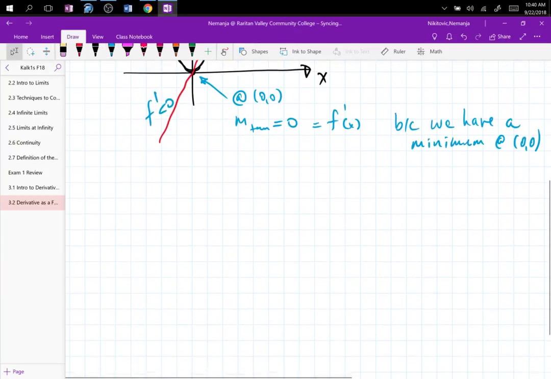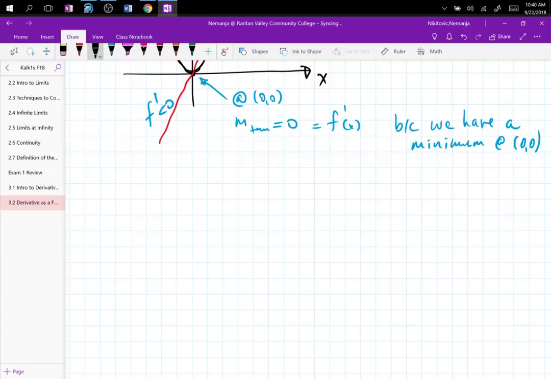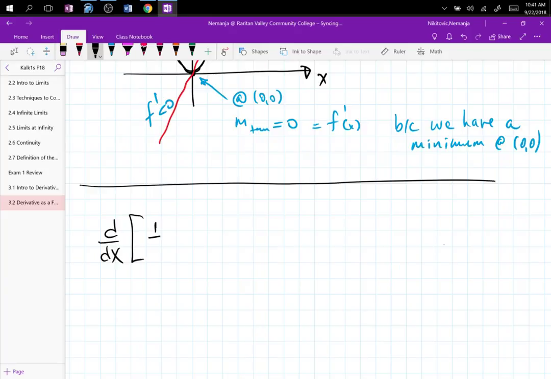Let's take a look at another example. We also did the derivative using the limit: the derivative of 1 over x is negative 1 over x squared. That's another derivative which we solved in class. If you go back, you will find it.